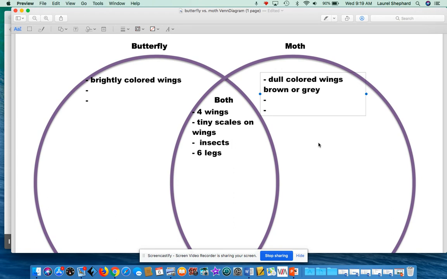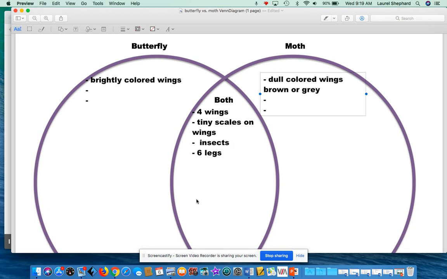It is a SciShow Kids video about moths and butterflies, and you can continue to add facts to your Venn diagram, so continue to work on this. And then there's a reading passage about moths and butterflies. It's one that you can read on your own or with an adult and continue to add to this Venn diagram as well. So you're not done working, you're just done with this first part and you'll continue to add to it.